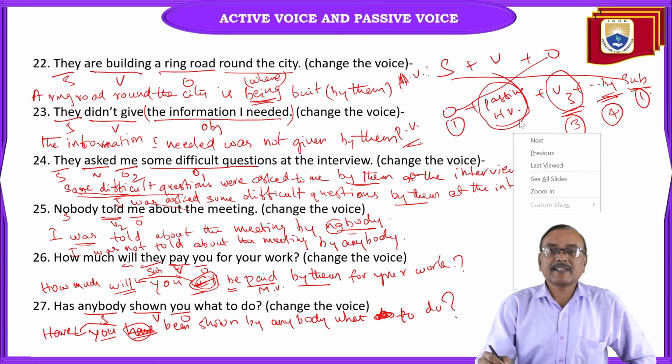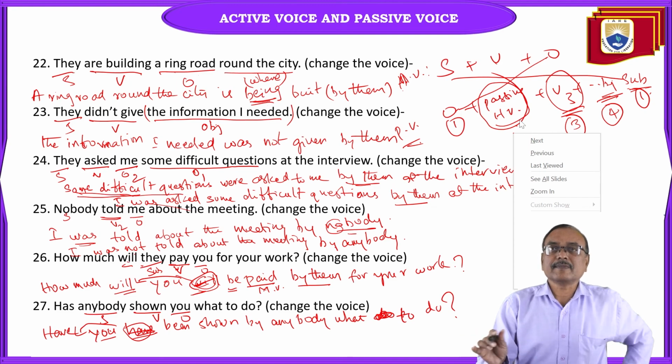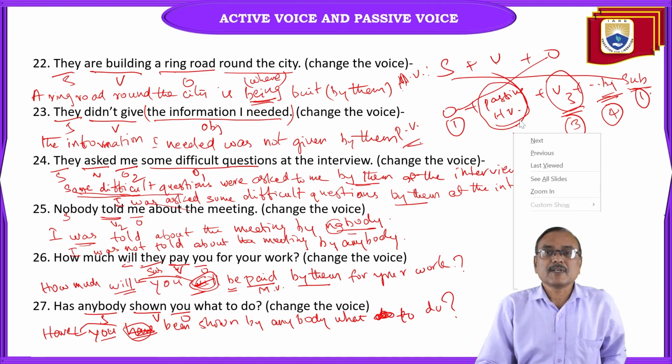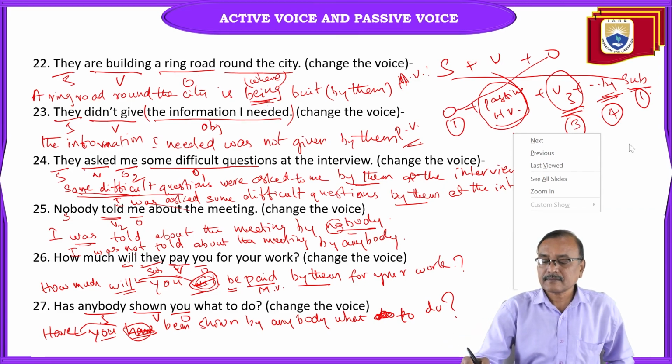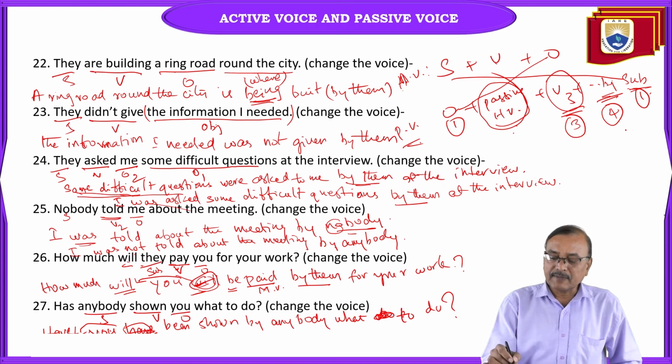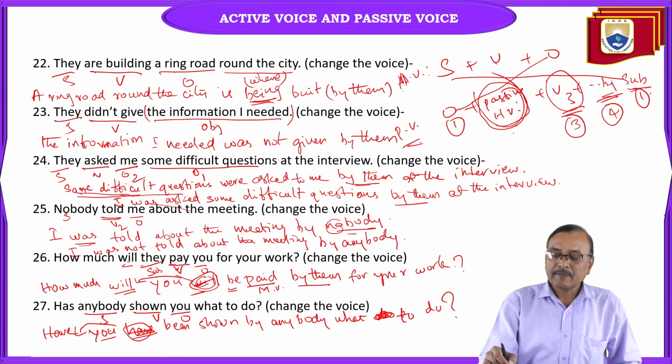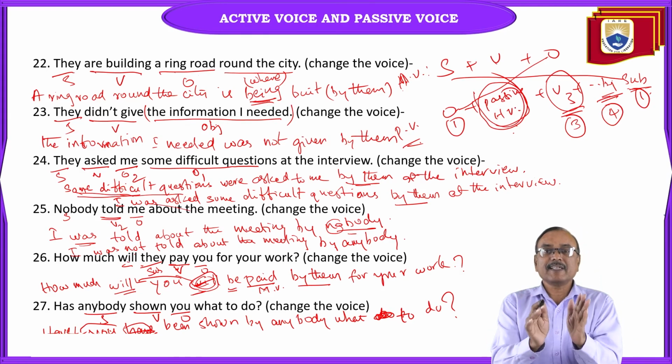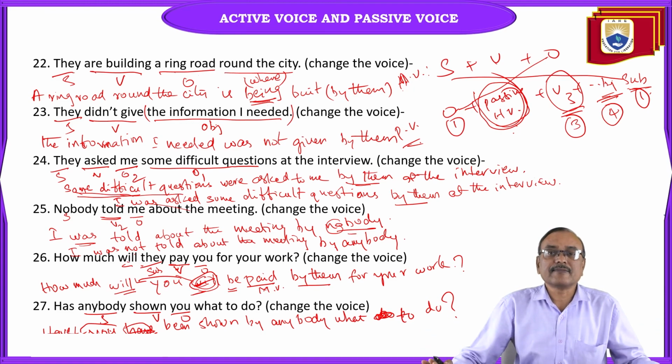For imperative sentences, just let the object be V3 form. That's it. If you remember this passive helping verb before V3 form for various tenses, that's enough.